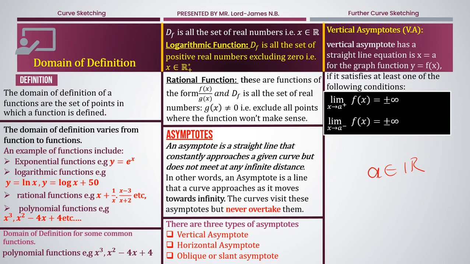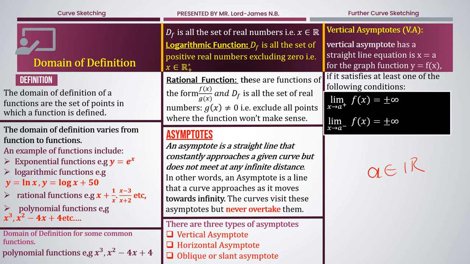The second condition: if it approaches a from below. What we have to do is verify the non-existence of the limit at a particular point, because for the limit at a point to exist, it must be unique. So we have the limit as x approaches a from above, and when you evaluate it you get plus or minus infinity, and when you evaluate from below you also get plus or minus infinity.